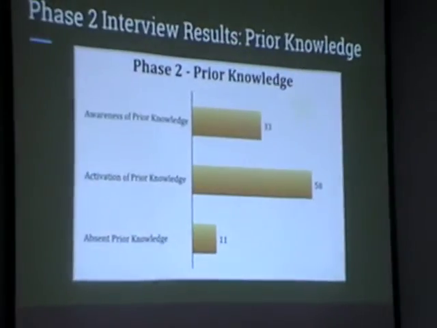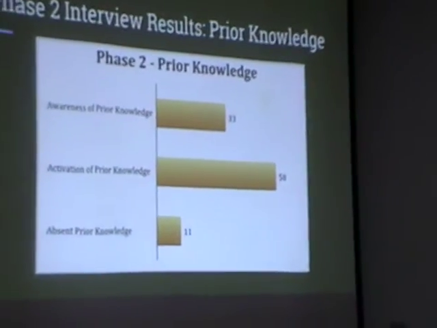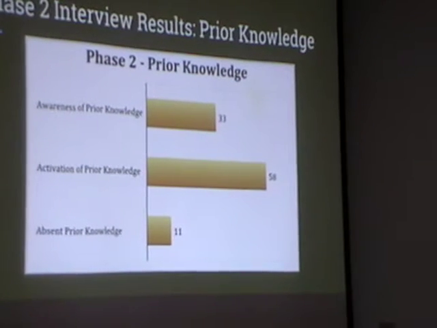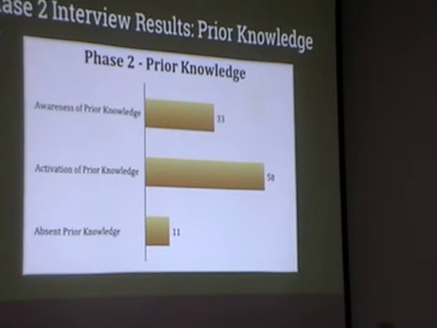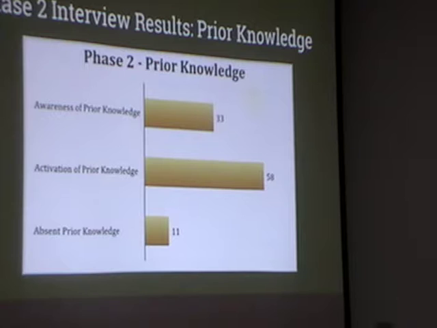So here's what I found. A semester later, students were less able to say, oh yes, the prior knowledge that I brought with me from English 1020 really helped. But they were much more able, 58 occurrences, to talk about doing something that they had learned in English 1020, though they weren't able to say, oh yeah, I remember when we talked about that in class.